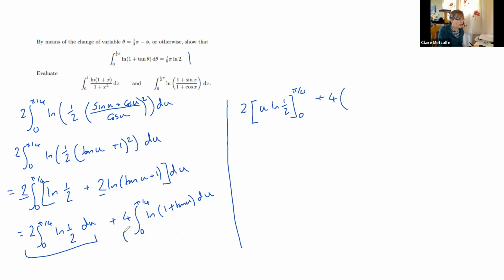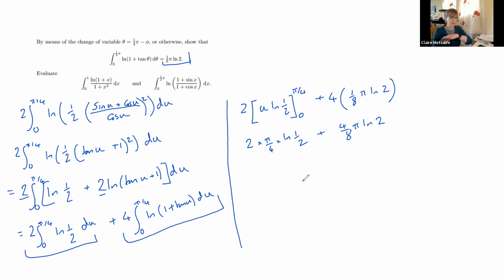And then this integral here, we already know what it is because it's up here. So 4 times a half times pi times log 2. Okay, so this is 2 times pi over 4 times log a half plus 4 over 8 pi log 2.